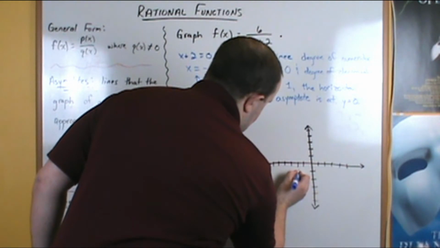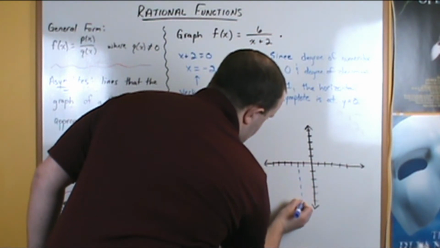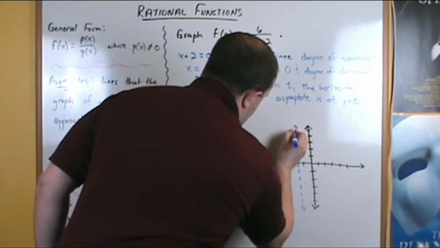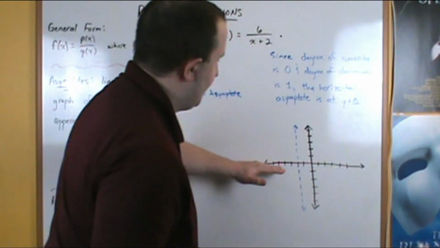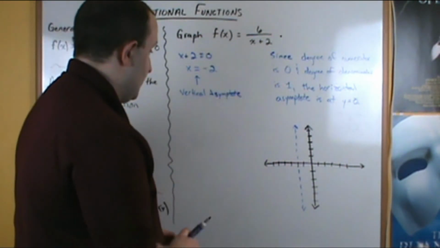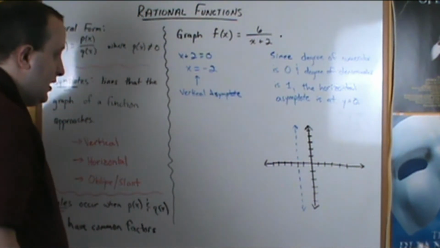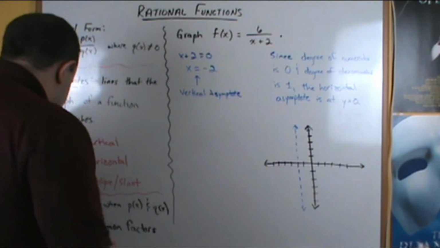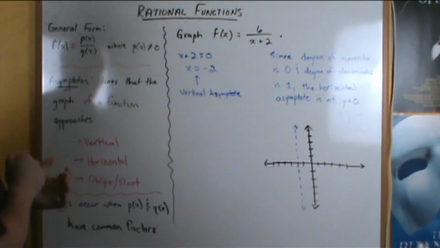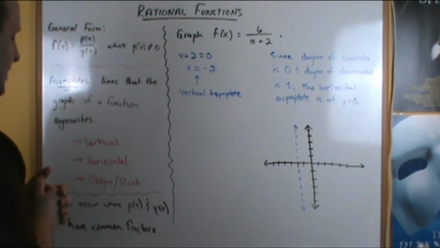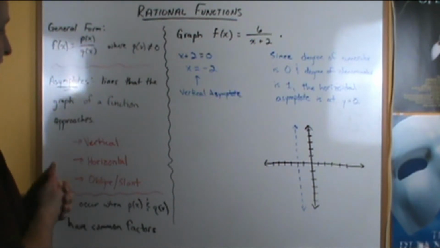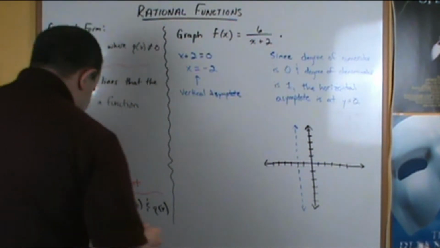So that's going to be right here. And a horizontal asymptote at the x-axis. I'm not going to actually draw it because I don't want to mess my blue marker up. Now, the way we're going to graph these, there is no clear-cut shortcut to doing this. We have to actually take values of x and substitute them in.